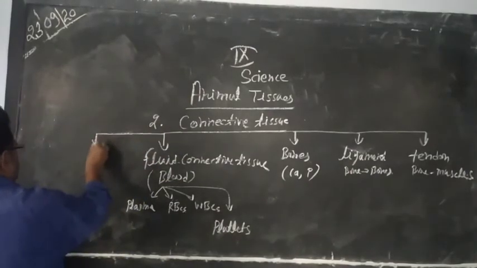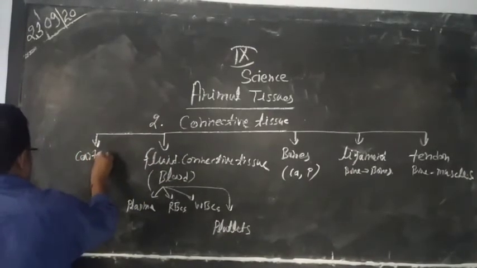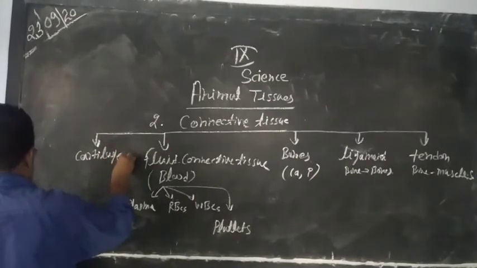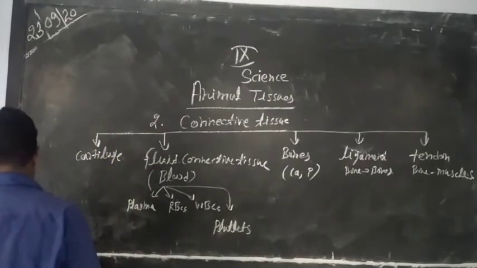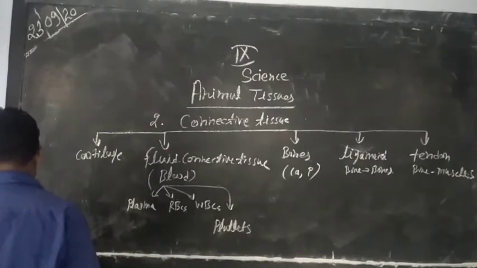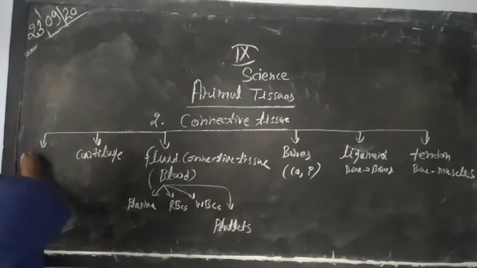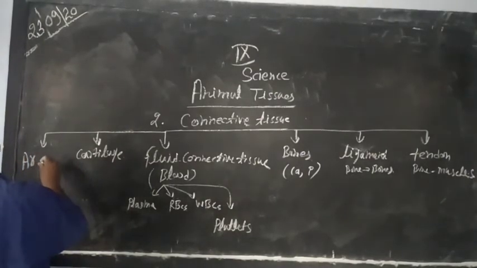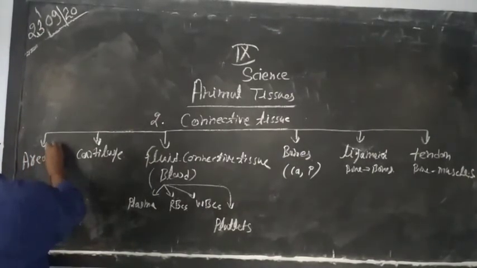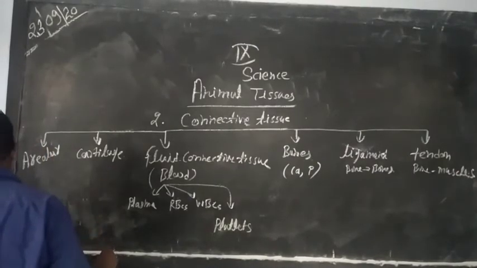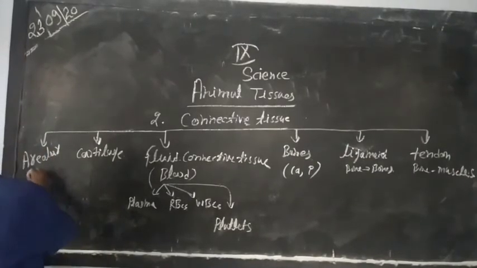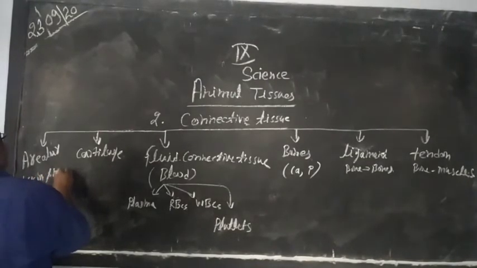Next connective tissue is cartilage. And next one is areolar. Areolar connective tissue, between skin and muscles.